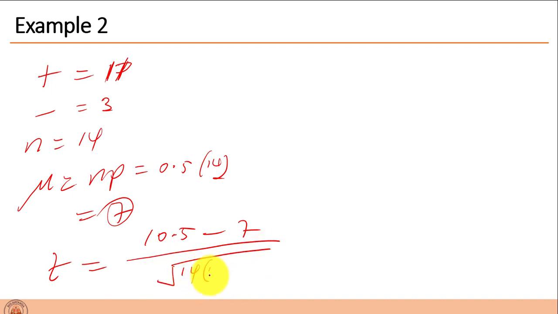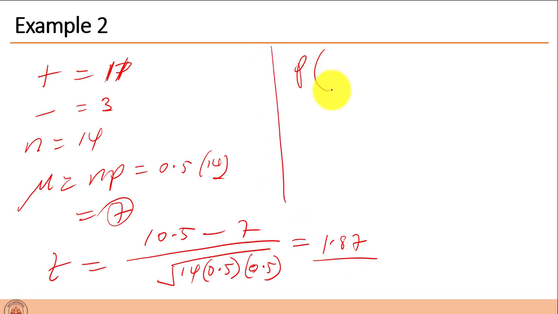That's the approximate standard deviation from the binomial distribution, and this will give us 1.87. So the probability of getting a number as large as 11 is approximately the probability of z greater than 1.87.